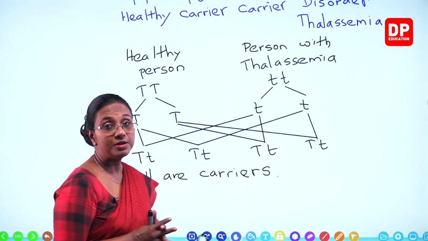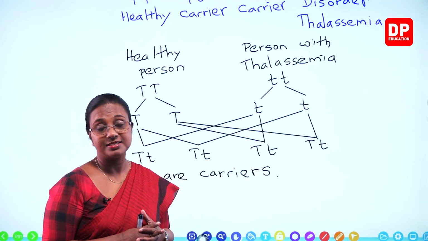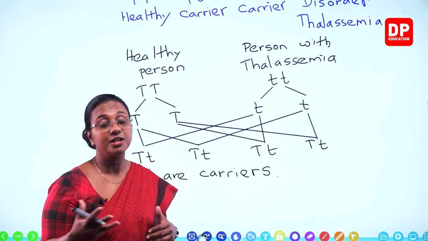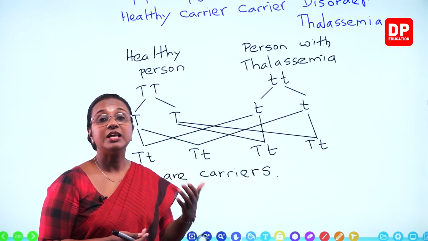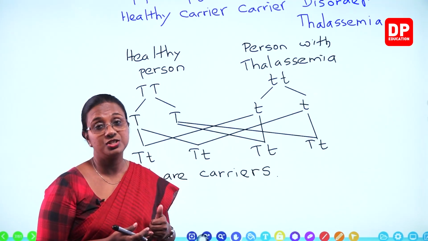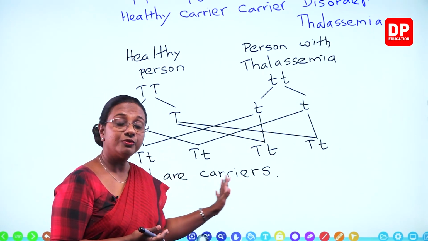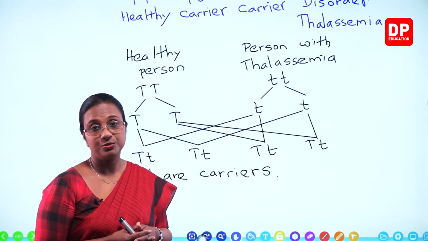They may not be able to bear children also. But theoretically, we are discussing this. I'm not saying they can't, but it would be very difficult. Already they have the condition where they themselves don't get enough transportation of oxygen because of the thalassemic condition. So, of course, it is going to be a difficult situation.